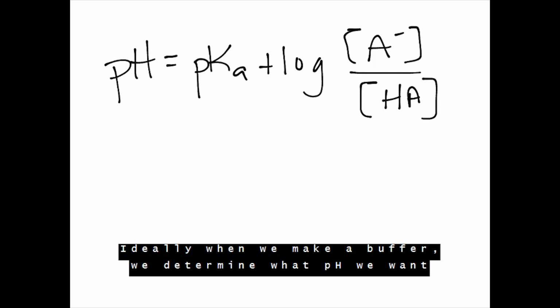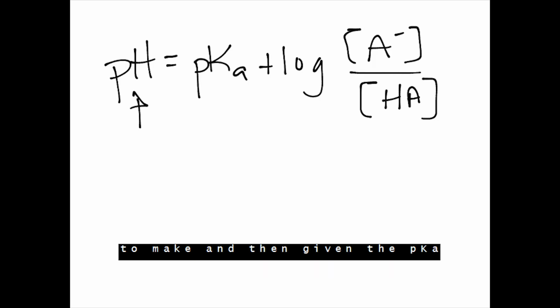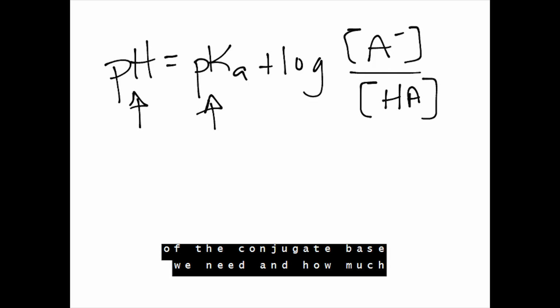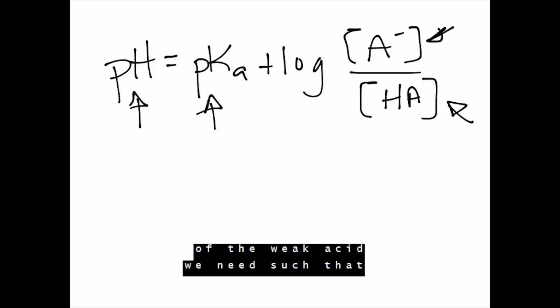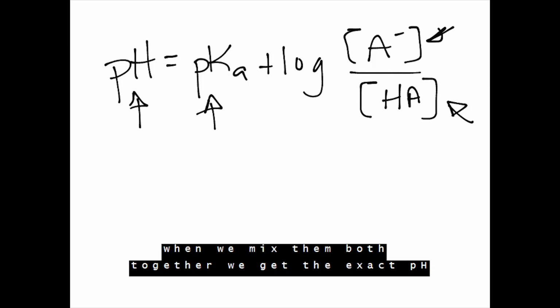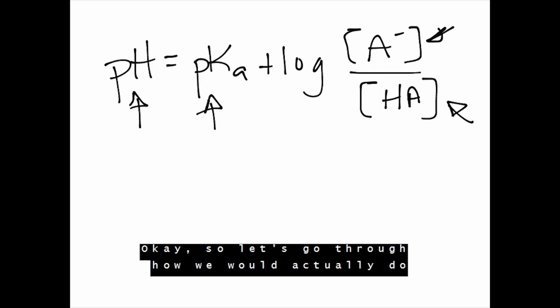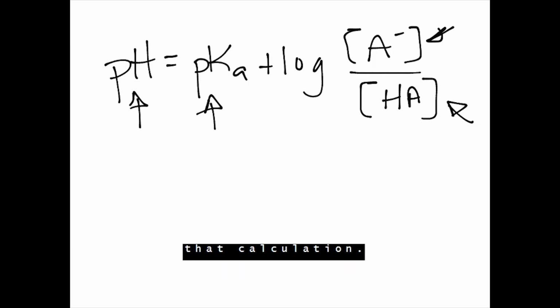Ideally, when we make a buffer, we determine what pH we want to make, and then given the pKa of that particular weak acid, we calculate how much of the conjugate base we need and exactly how much of the weak acid we need, such that when we mix them both together, we get the exact pH that we're looking for. Okay, so let's go through how we would actually do that calculation.